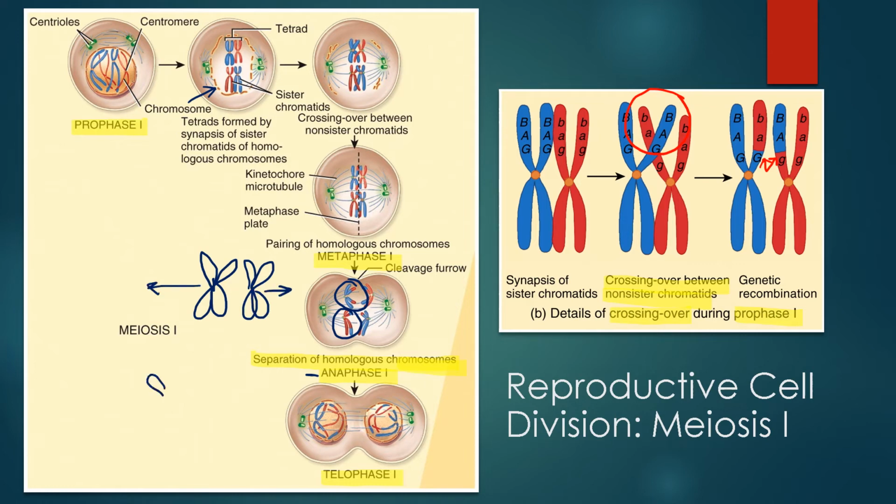Instead, in mitosis, we would have this chromatid get pulled that way and this way. So it's a little bit different between meiosis 1 and mitosis, even though they both occur in anaphase.